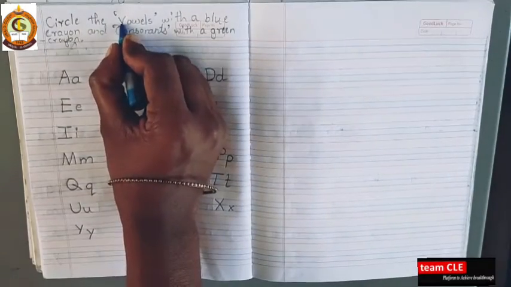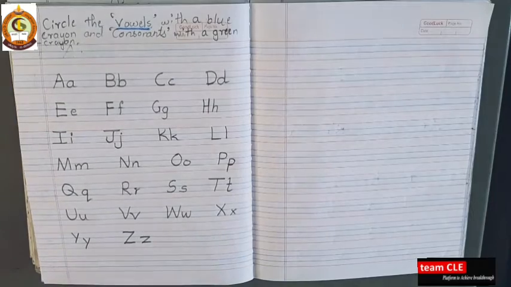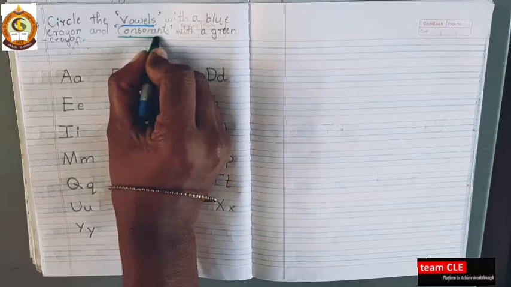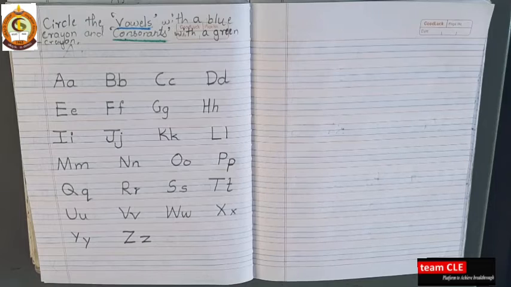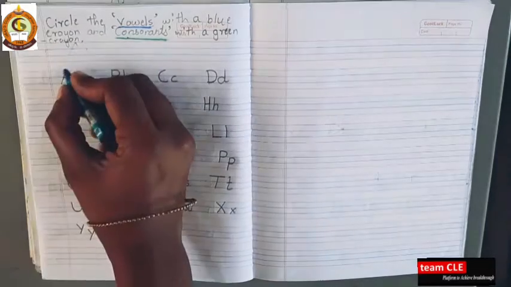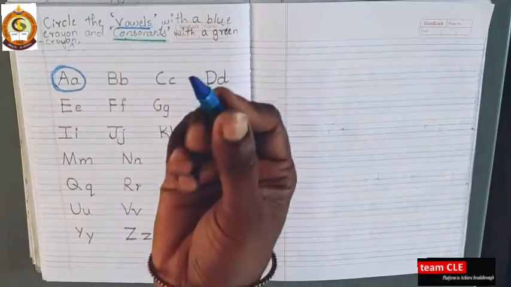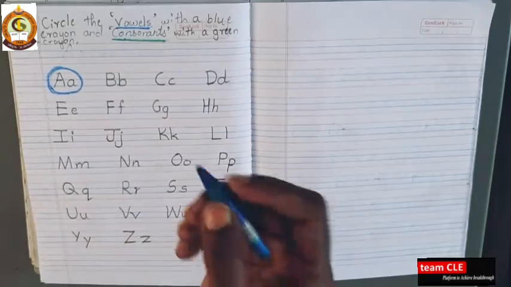So first we'll circle the vowels. Which are the 5 vowels? A. So you have to take the blue color crayons and circle the vowels.